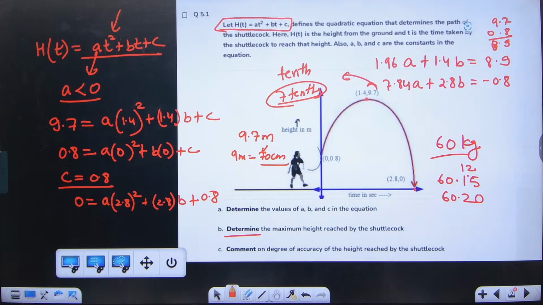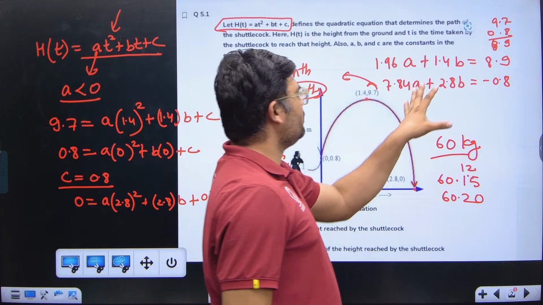You know how to solve these equations? No, not really. Then you must learn. Up to here, any doubt? You got these equations, right?